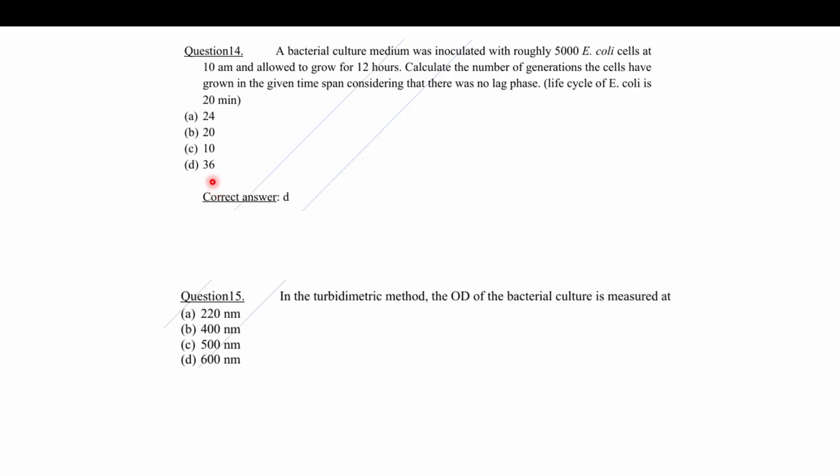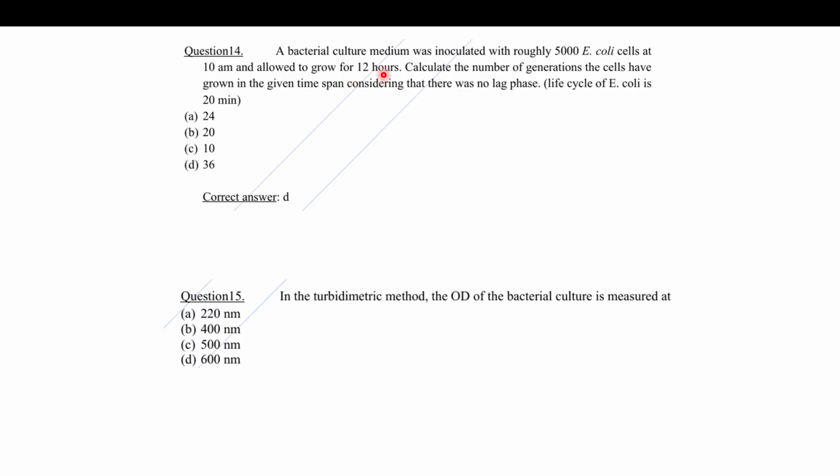Okay. So 12 into 60 by 20 is what? 60 by 20 is 3. 12 into 3 is 36. So the answer will be 36. Okay. So here it is just asking you the number of generations. Generation time of E. coli is given here, which is 20 minutes, and the overall incubation time or growth time is given as 12 hours.